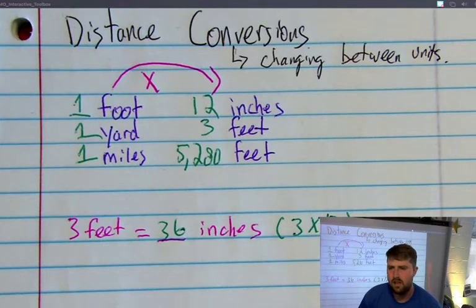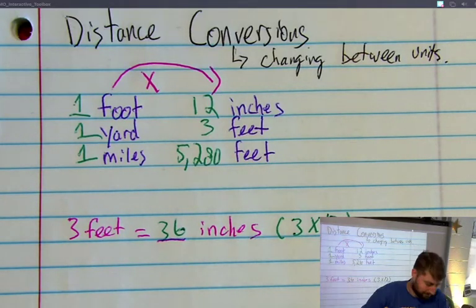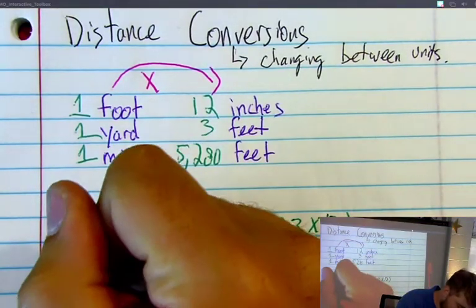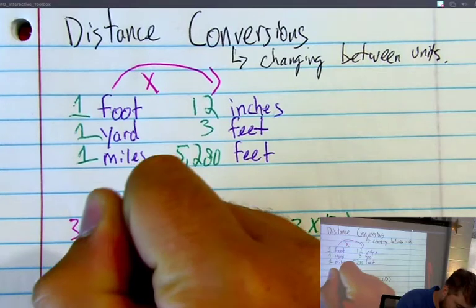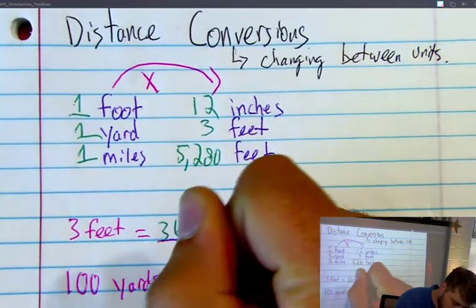Awesome. Now, I bet you know, and if you don't, I'm going to tell you, that there are 100 yards in a football field. A football field is 100 yards long. That's a long way. But if I was to ask you how many feet are in a football field, I would say 100 yards is how many feet?